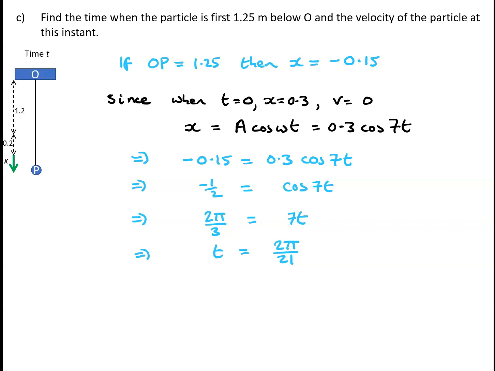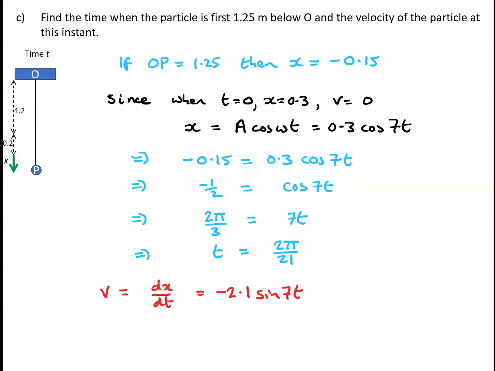The velocity at this particular time can just be obtained by differentiating. So v is dx by dt, which is minus 2.1 sine 7t.